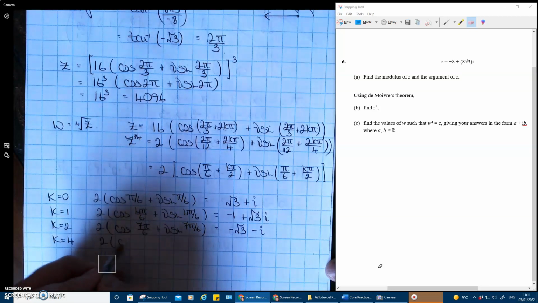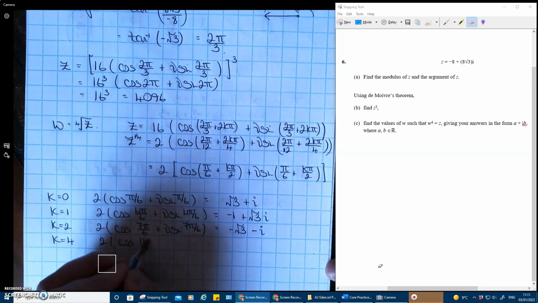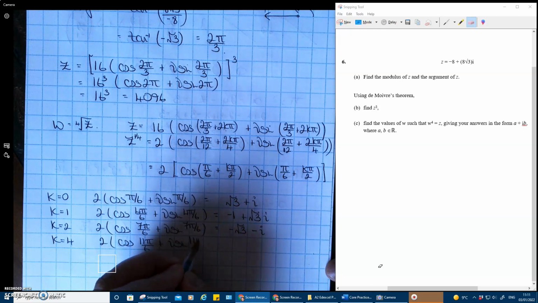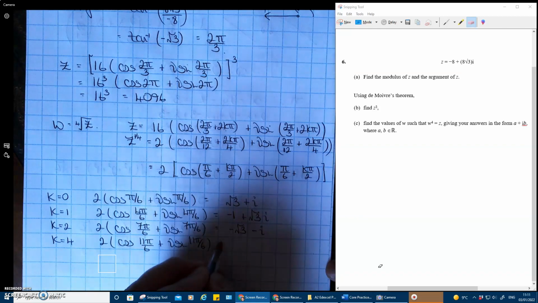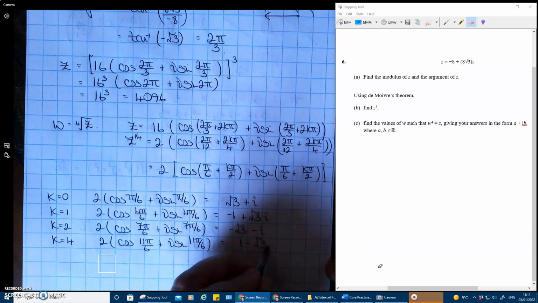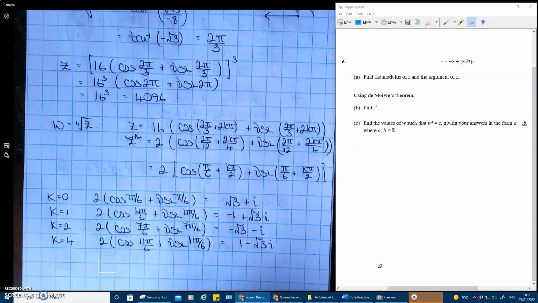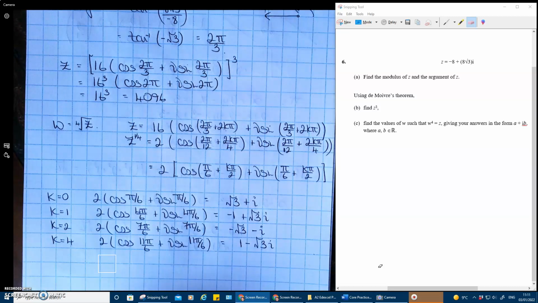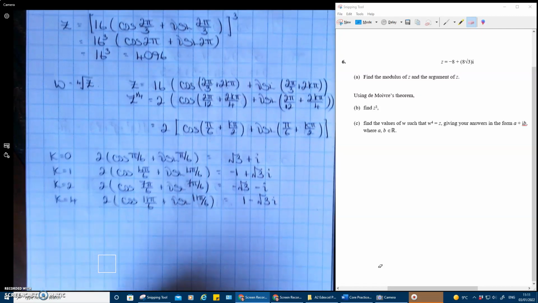I get 2 cos 11 pi by 6 I sine 11 pi by 6, which equals 1 minus root 3i. Okay, so I've done 4 consecutive values of k. I could have gone k as minus 1, minus 2, and I would have generated the same 4. Just going back the other way.